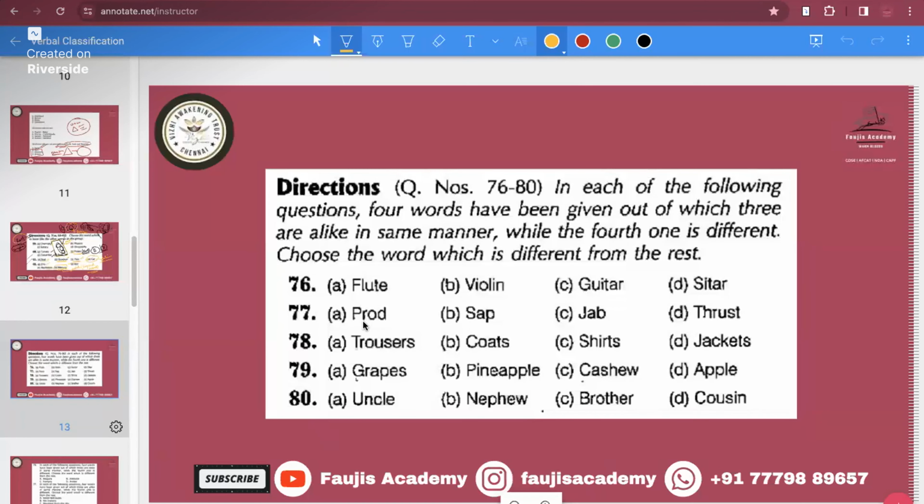Look, prod means to poke. Sap means to suck, the fluid which will be there in the body. So this is called your sap, the liquid. Jab also sometimes means vaccination.